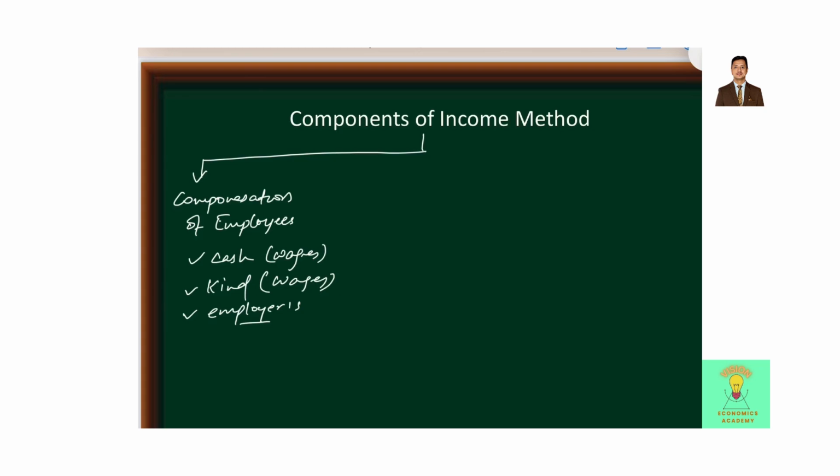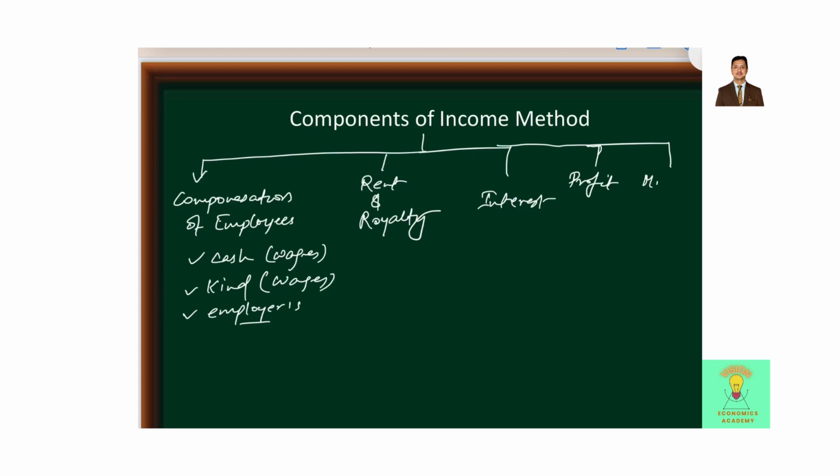Then another part is rent and royalty. We all know what is included in this. Then comes the interest, right? Then the profit, and the mixed income of self-employed. Now, what all comes under profit? Sometimes the profit would not be directly given.